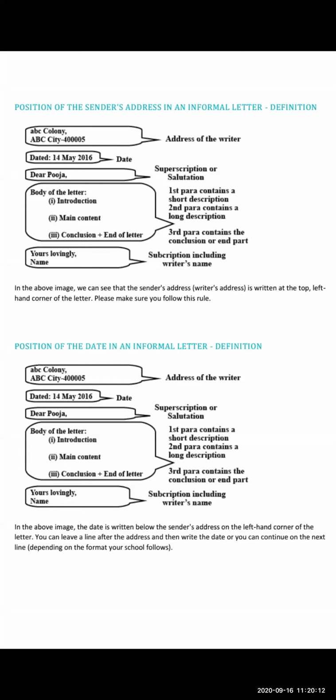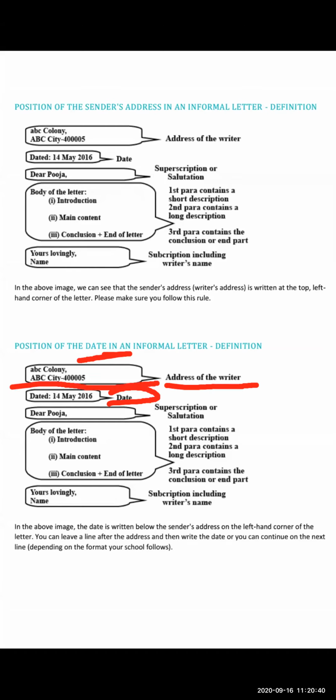Now see the next one. After that we need to skip one line. So see the second image, position of the date in the informal letter. After the address of the writer we write the date, but here you need to skip one line.